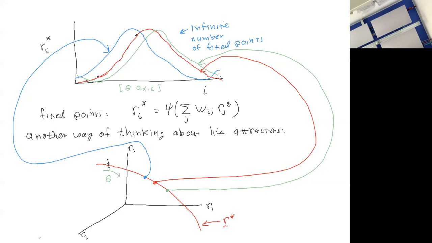That's what we mean by a fixed point. And once you're on the attractor, you don't move anymore. Okay. So that's a perfect line attractor.